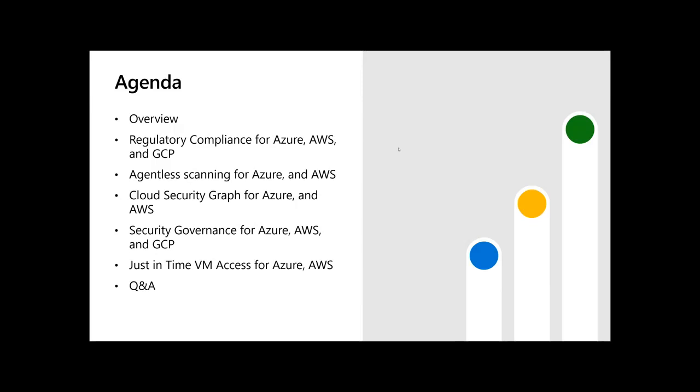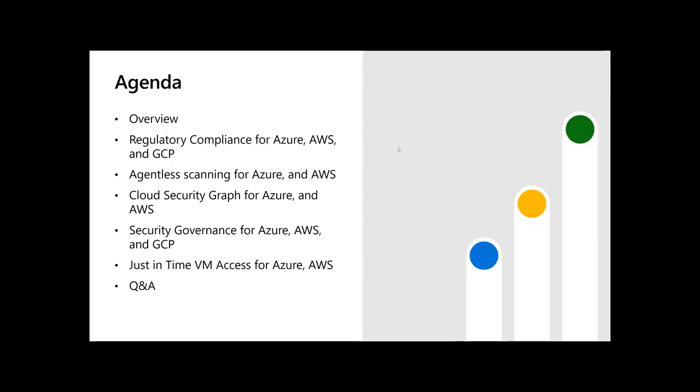Then we also want to touch on the importance of taking the controls that you have and mapping them to specific regulatory compliance standards and frameworks, for Azure, but also for AWS and GCP. Then we also want to go into some of the new capabilities which we announced last month at Ignite, namely the agentless scanning and how that's applicable for Azure and AWS workloads, as well as the cloud security graph.